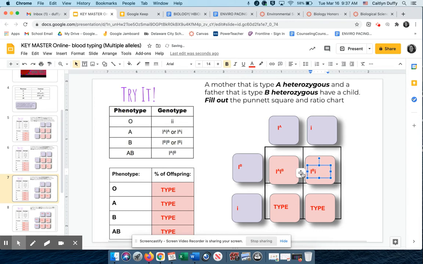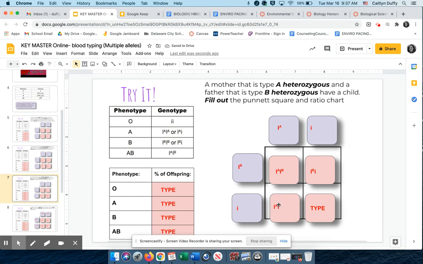All right, that individual would be heterozygous for type B or a carrier for O. Here, we'll get a big A from mom and a little i from dad, not little a. Okay, that individual will be heterozygous for type A.